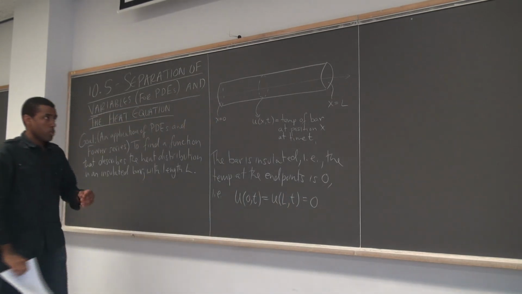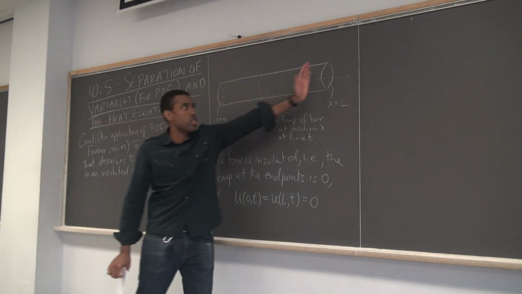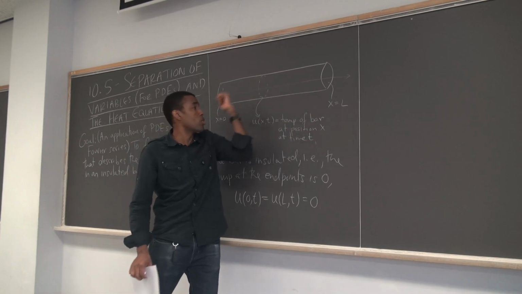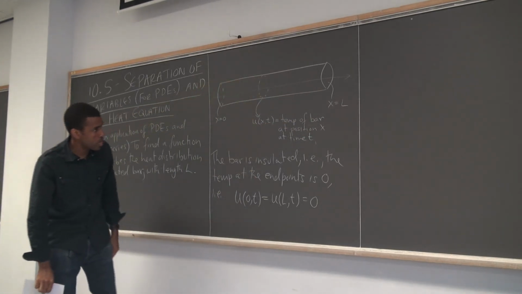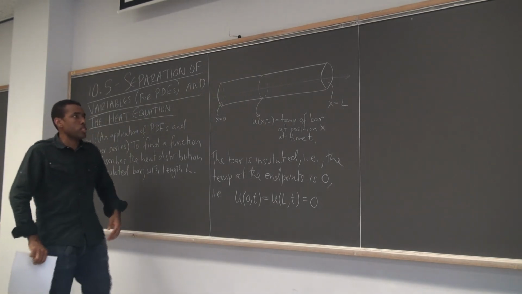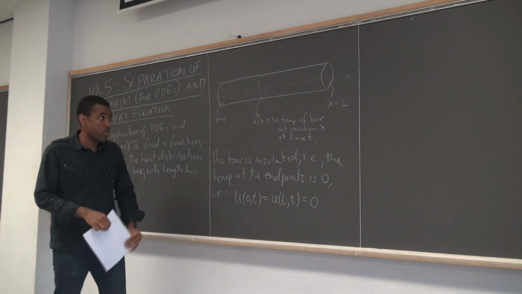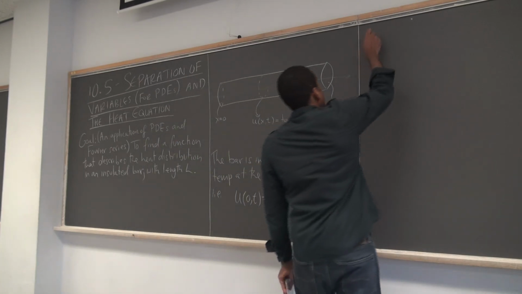So pretend that we have insulation on these ends, so there's no heat coming in or out from the ends, but along the bar we have heat, and we want to measure how much heat we have.